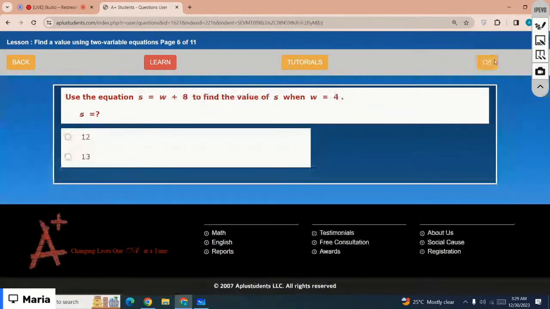The next one is use the equation s equals w plus 8 to find the value of s when w equals 4. So, which is the correct option? You have to replace the w variable with the value, right?